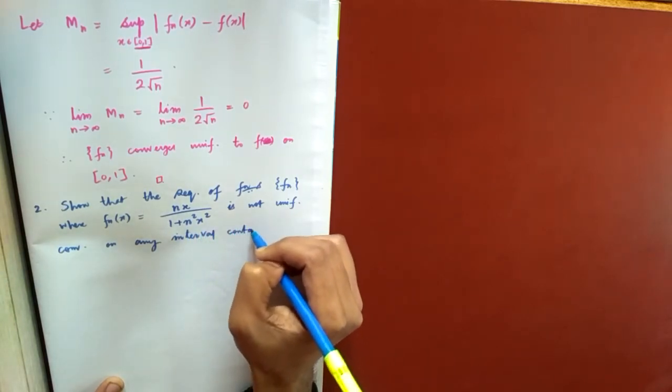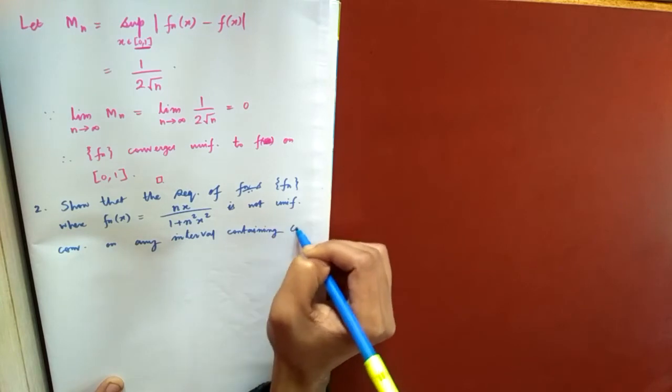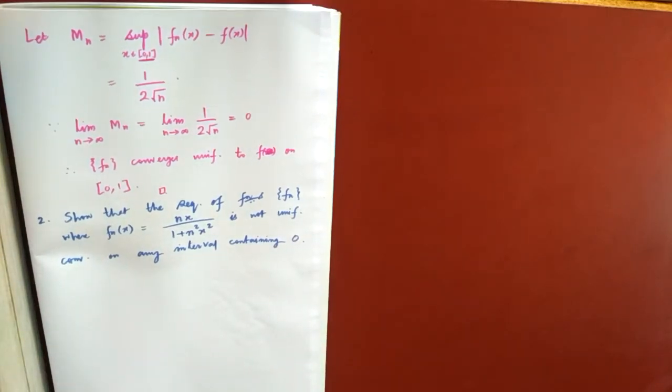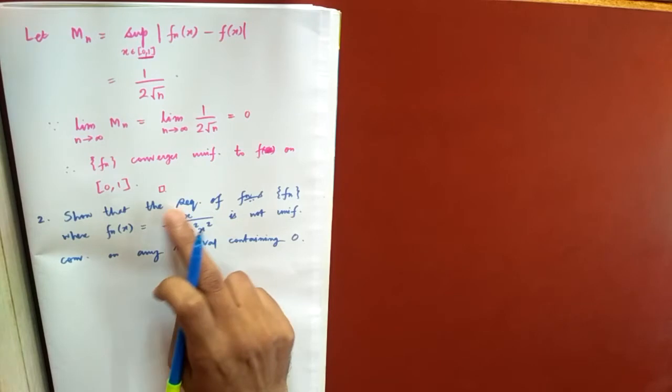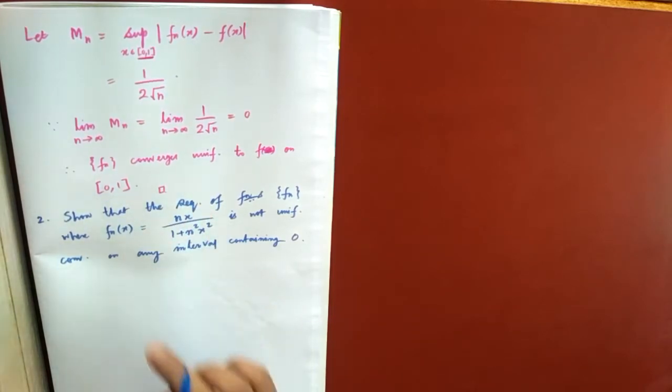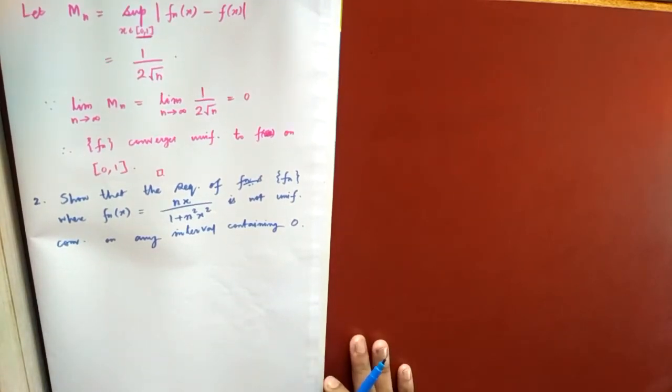That means this sequence of functions will not be uniformly convergent on any interval containing 0. You take the closed interval 0 to 1, closed interval 0 to 5. In any of these intervals, this sequence of functions will not converge uniformly. So again we will make use of the M_n test.